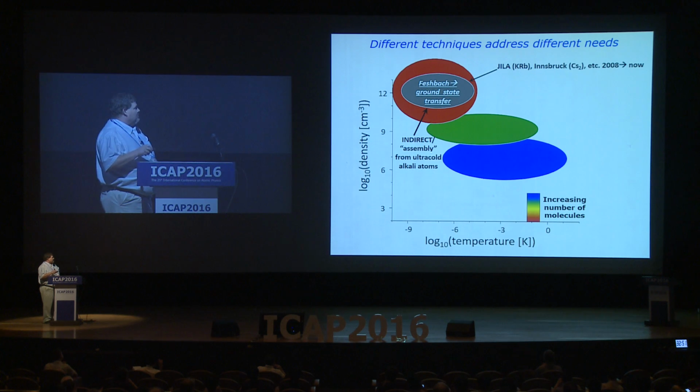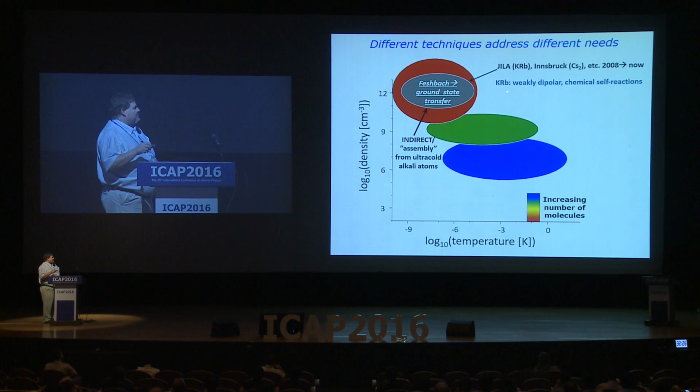So there have been a range of techniques developed to address these different needs. In many ways, the most successful has been what I think of as assembly of molecules from ultra-cold atoms using Feshbach resonance and transfer to the ground state. Again, the pioneering experiments from Jila and around the same time with cesium-2 at Innsbruck have really been a huge stimulus to this field. But it's worth pointing out that in terms of dipole-dipole interactions, KRb is sort of an outlier among molecules.